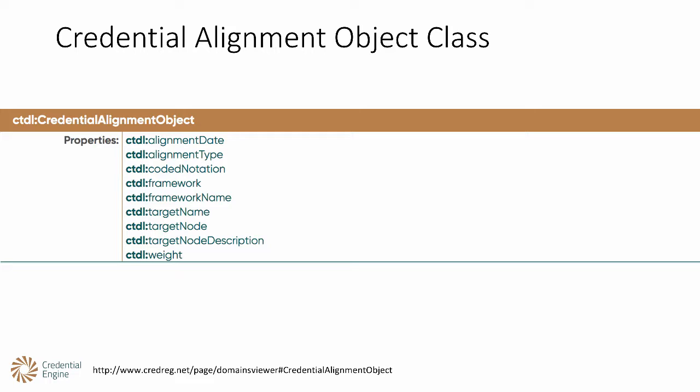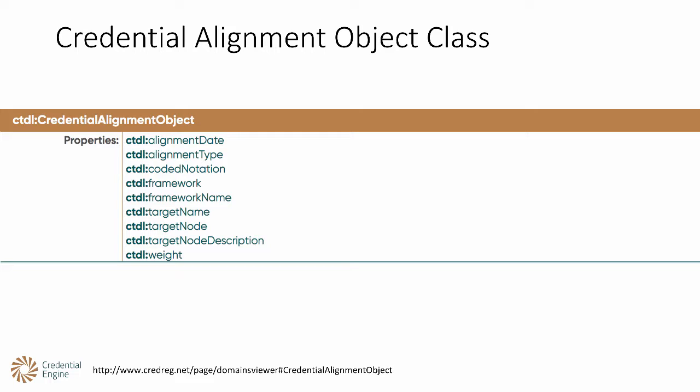So here is a list of the properties that are used to describe the relationship between a credential or a learning opportunity profile within the CTDL and some control vocabulary.